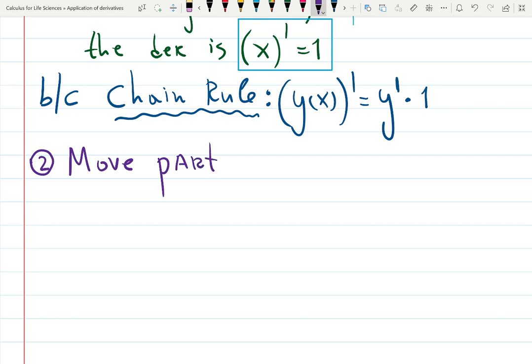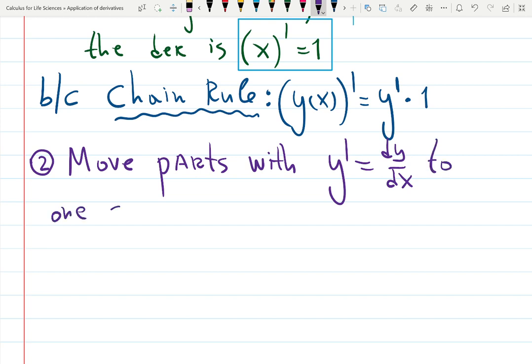Move the parts that have y prime, or dy over dx, whatever your notation is, to one side. I usually write it on the left-hand side. But then I noticed that some students like to have y prime on the right-hand side, and the left-hand side is the result. Very interesting. I never saw it before until recently.